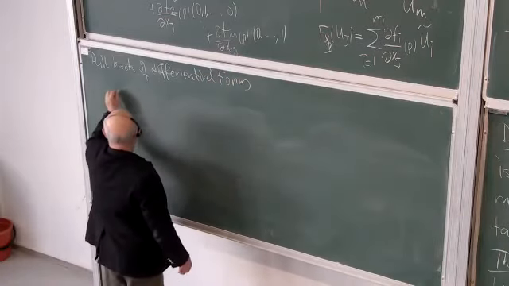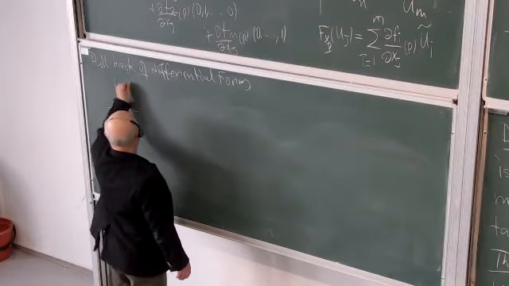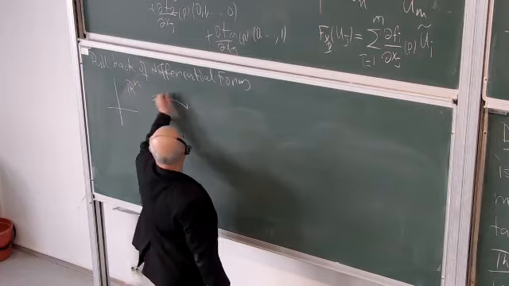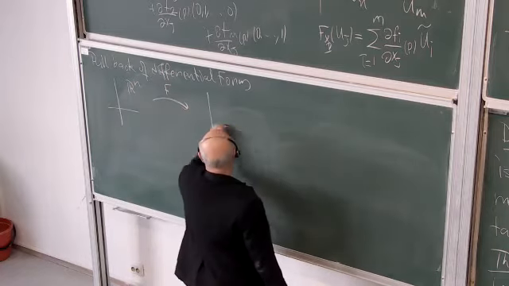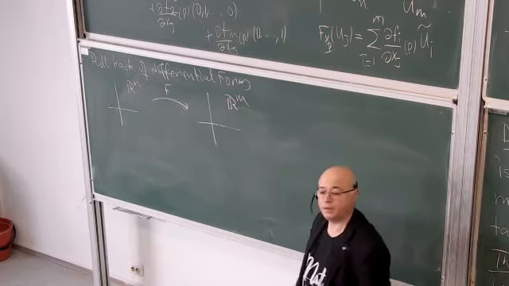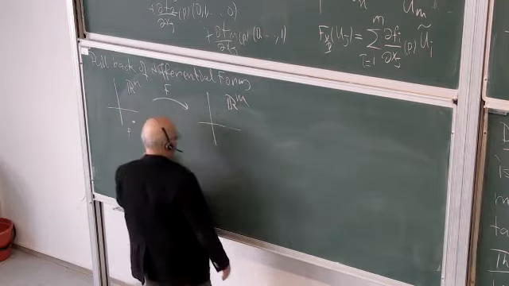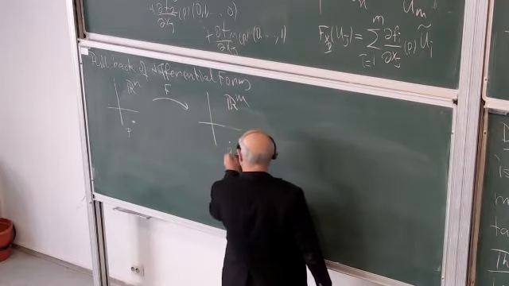You see, I have a function from, let's say, Rn into Rm, not necessarily the same dimension. And here I have a point. Its image is over here.